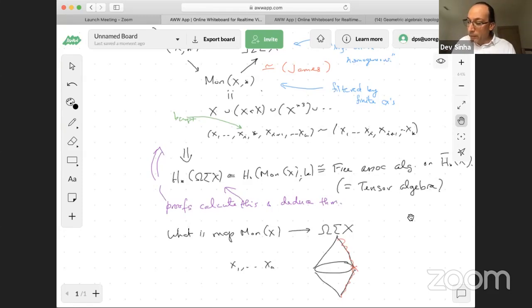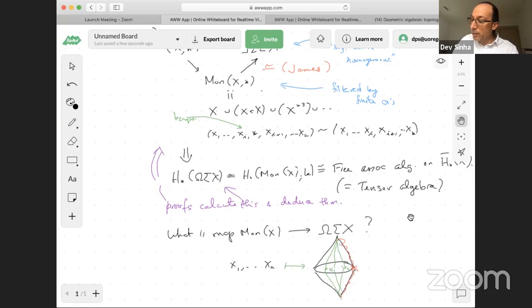I've got X1, X2, etc. For each of these points in this list, I'm going to make a loop in suspension that goes down first through X1 and then through X2. If I think of the suspension as the quotient of the product, it's constant on the X coordinate and then say constant time on the T coordinate, just to be definite. I can just keep on doing this because once I'm down at the bottom, by the identifications, I'm up at the top again. So that's the map here.